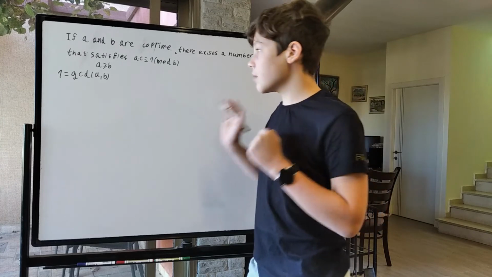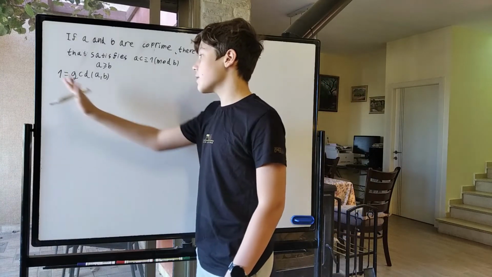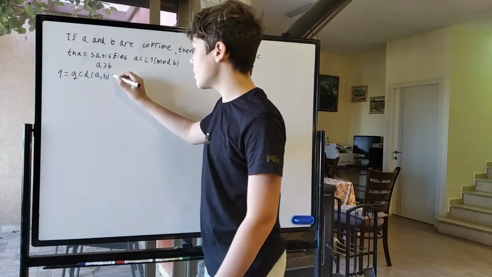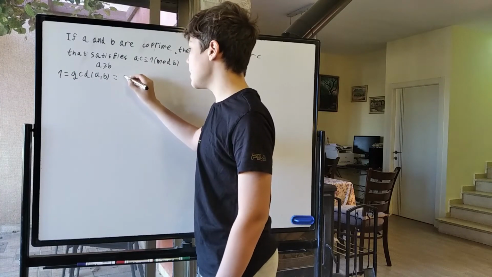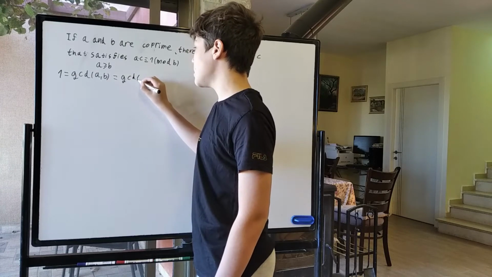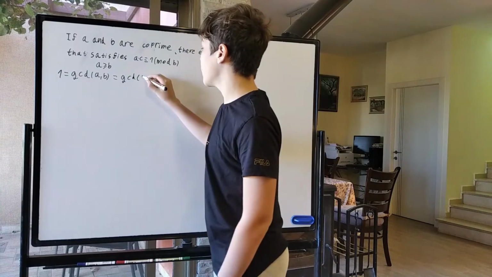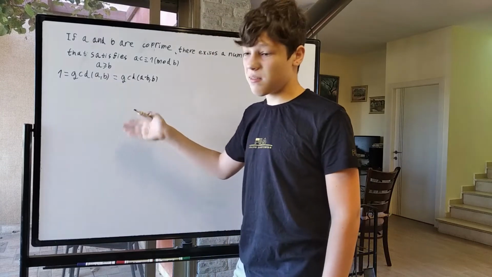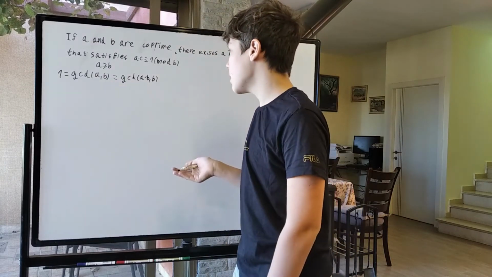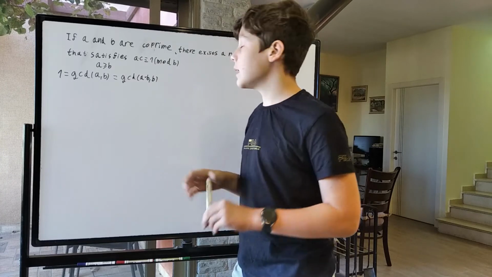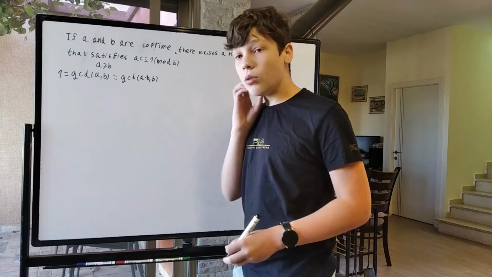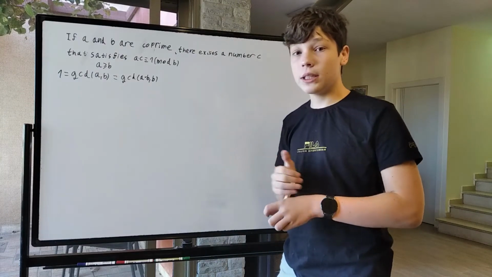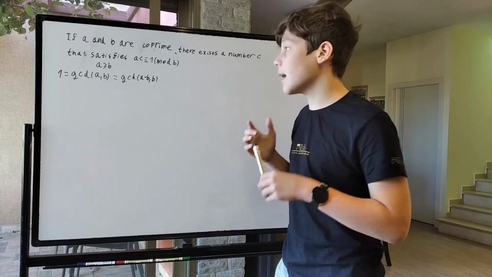What this theorem says, basically, even if this doesn't equal 1, so let's quickly ignore this equals 1, it says the GCD of A and B is equal to the GCD of A minus B and B. I'm not going to prove this, it's quite easy to prove actually, but what this allows us to do is continue making the numbers smaller and smaller until we eventually have a GCD that is very easy to calculate.